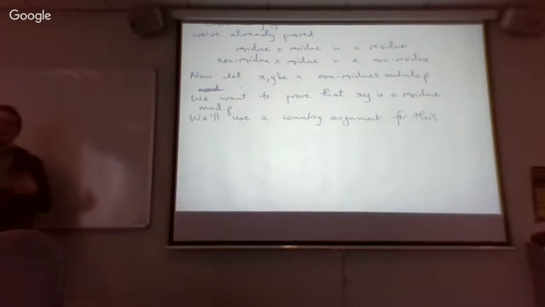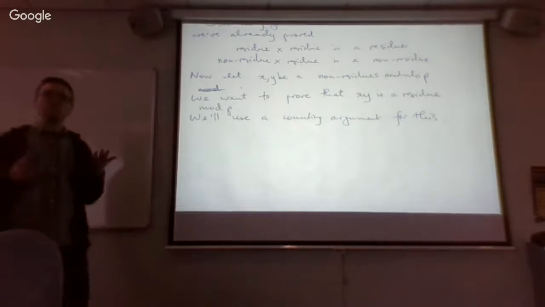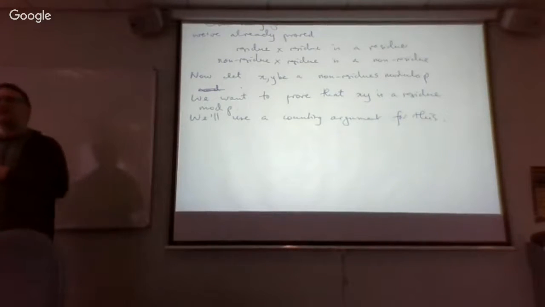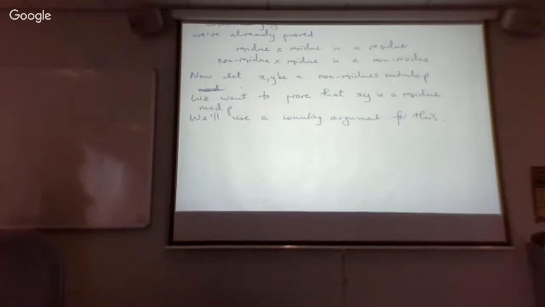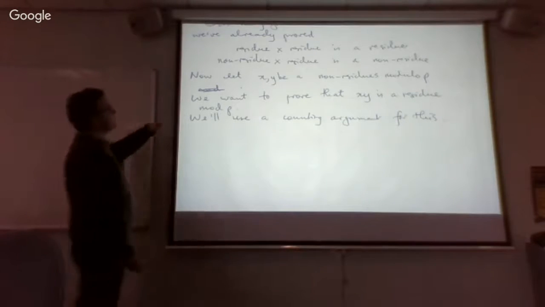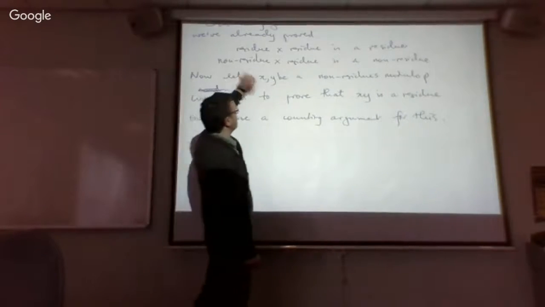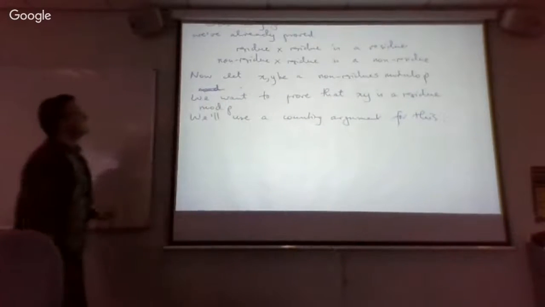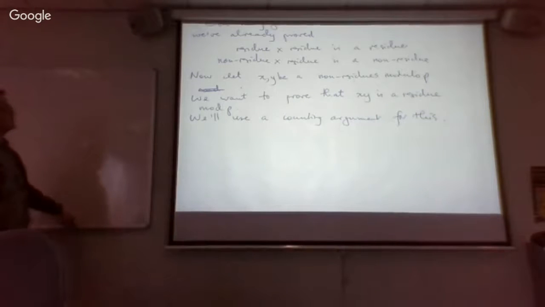So what do we know about residues and non-residues? Well, we proved exactly half of the elements modulo p are residues, exactly half of them are not. We've also proved that non-residue times residue is a non-residue.